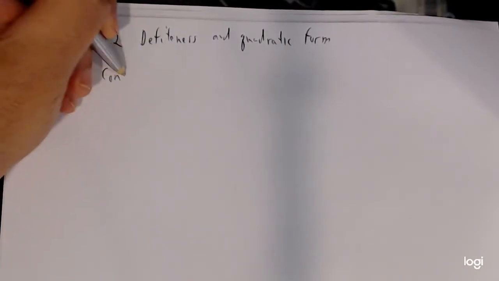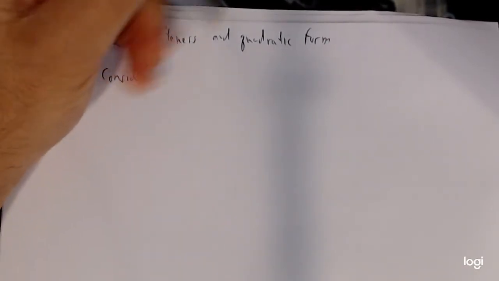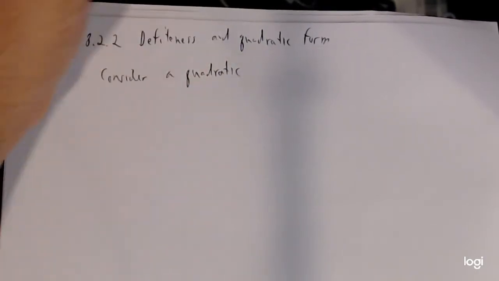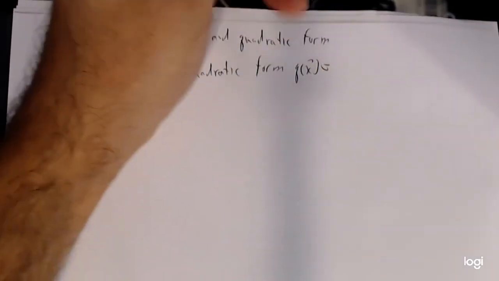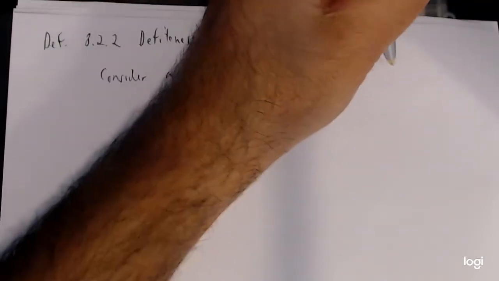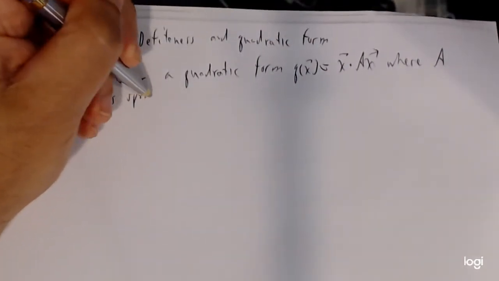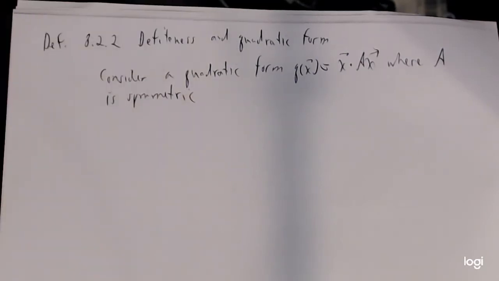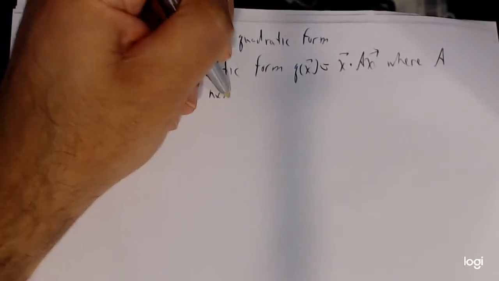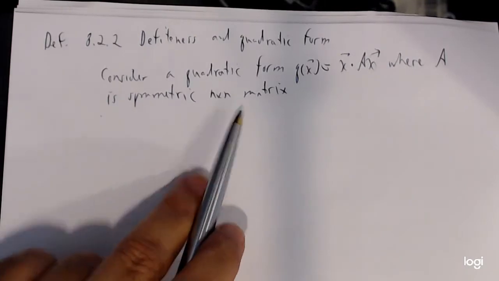So we're going to say, consider a quadratic form q of x equals x dotted with Ax, where A is a symmetric n by n matrix. Let's be more specific here, because what type of matrix is it? It has to be n by n. It has to be square, right?